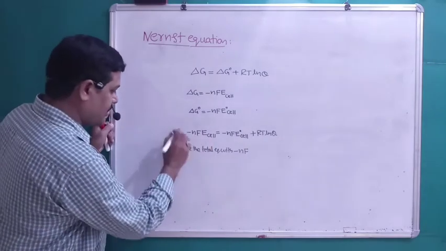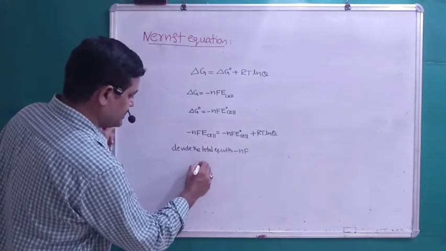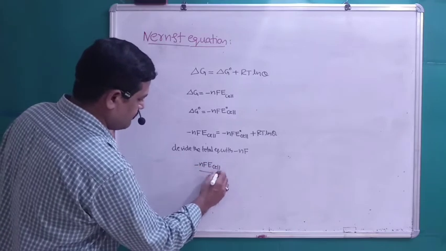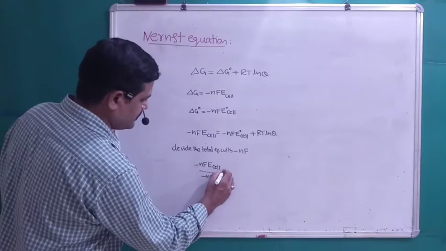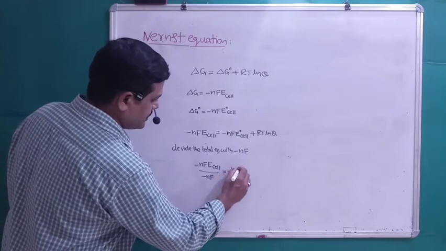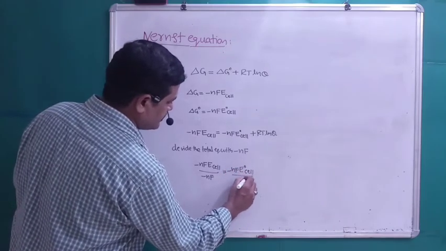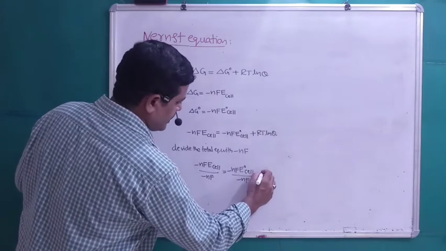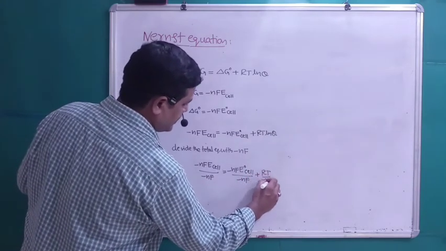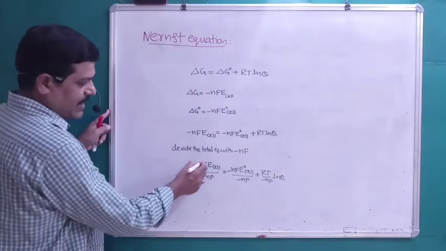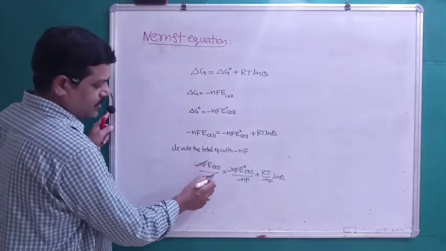Then the left hand side, minus nF E cell divided by minus nF, is equal to minus nF E naught cell divided by minus nF, plus RT by minus nF into ln Q, right? So here minus nF gets cancelled.